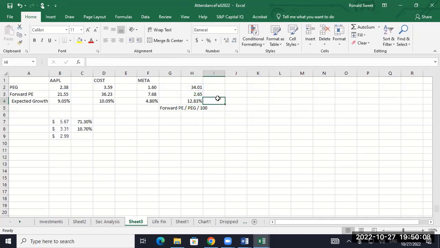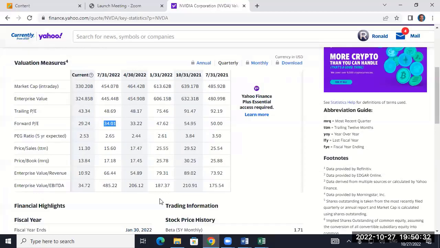So the PEG ratio is 34.01 divided by 2.65, which is 12.83. All right, so that's higher. My math wasn't good. So 12.83. That's a pretty hefty growth rate. Seems pretty confident.